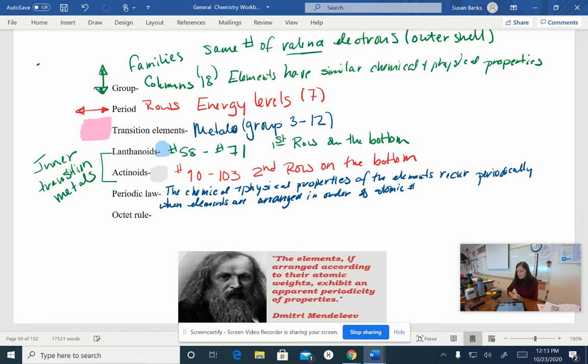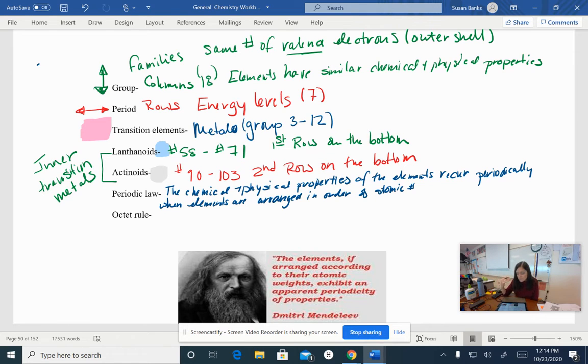So if I arrange the elements in terms of ascending or getting bigger or increasing atomic numbers, I will see the same patterns repeating over and over again.